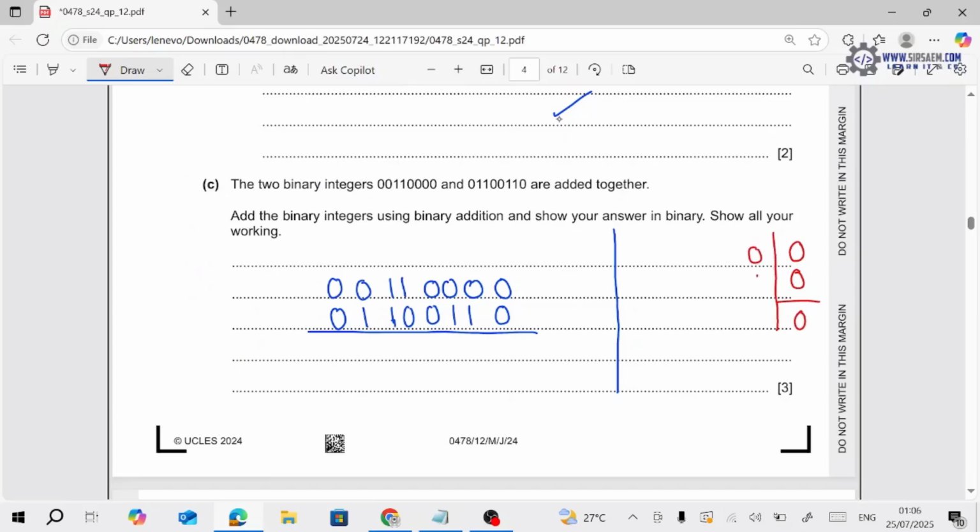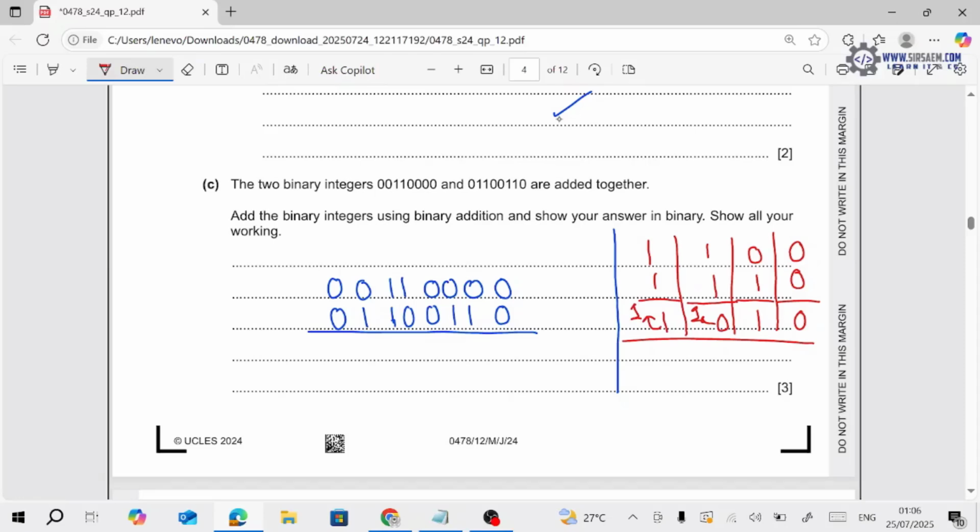If I have 0, 1, that will be 1. If I have 1, 1, in that case it will mean 0, and we will be carrying 1. And if I have 1, 1, 1, I will have 1, and I will be carrying 1. So that's the rule.